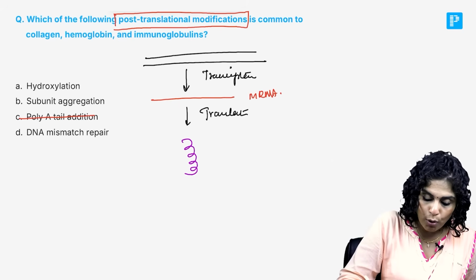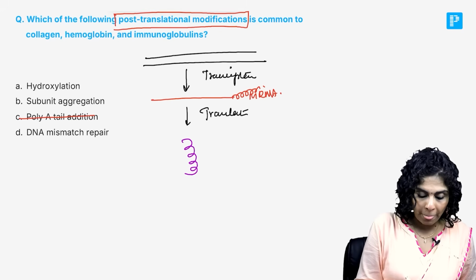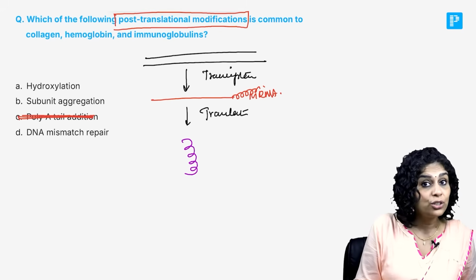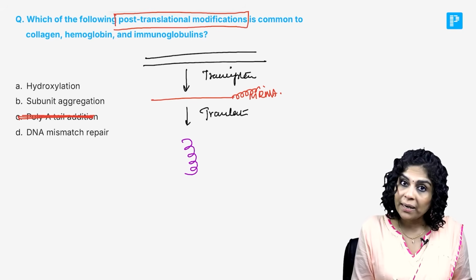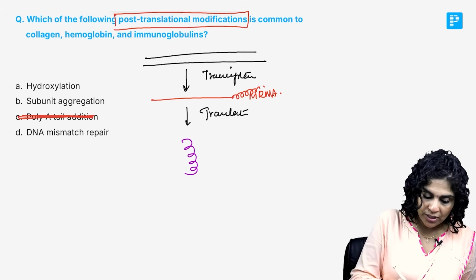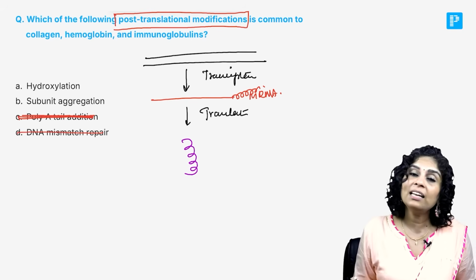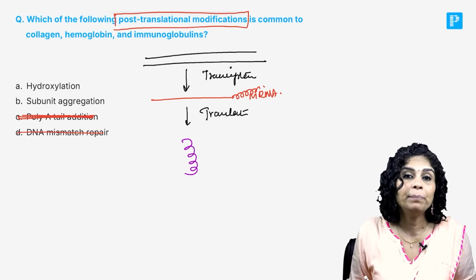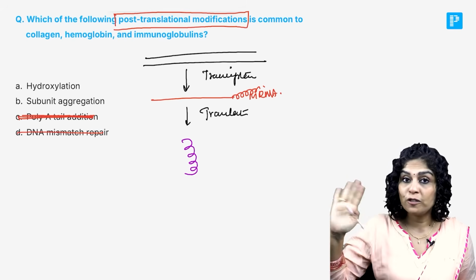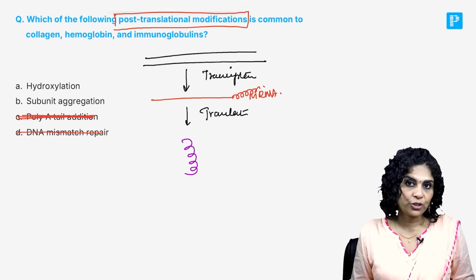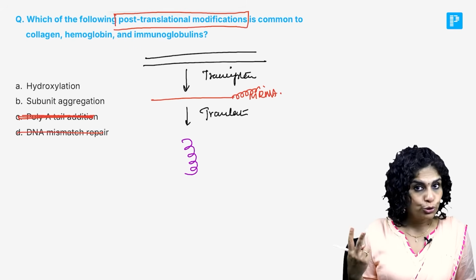That includes poly A tail addition. So this is not post-translational. Let's exclude that. DNA mismatch repair is one of the DNA repair mechanisms that happen during replication. It's not a post-translational modification.